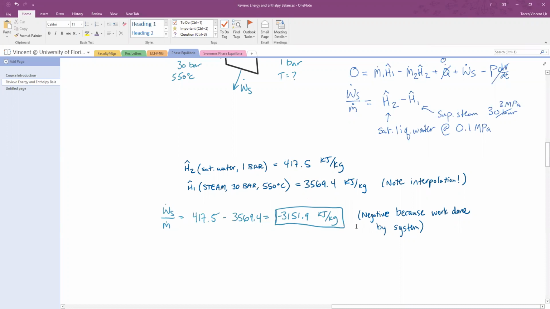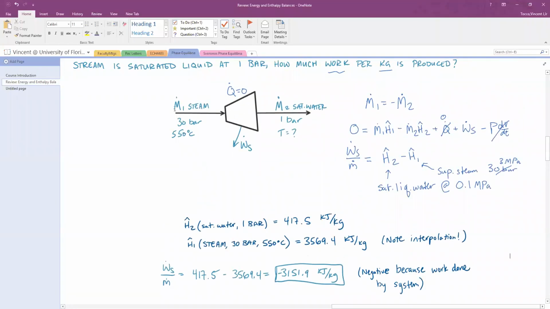Except there's one critical, huge flaw with this problem. See if you can guess what that flaw is. And unfortunately, with this problem, it's not actually physically possible. In other words, if I put superheated steam at 30 bar and 550 C into a turbine without adding or removing any heat, you would never get saturated liquid water out.